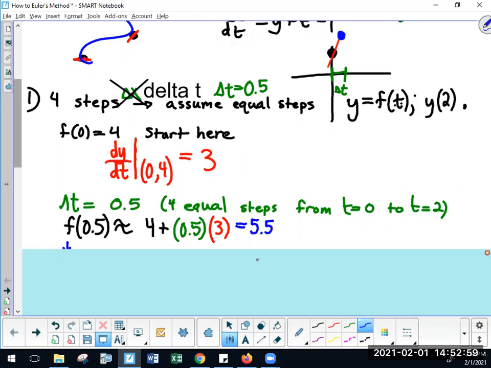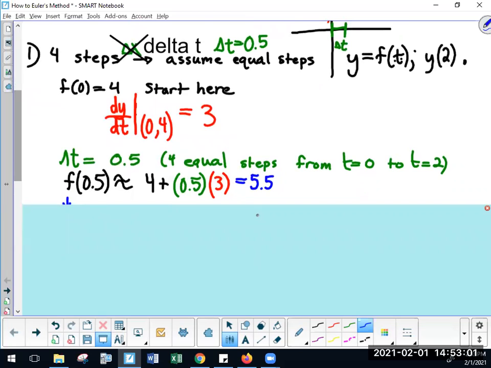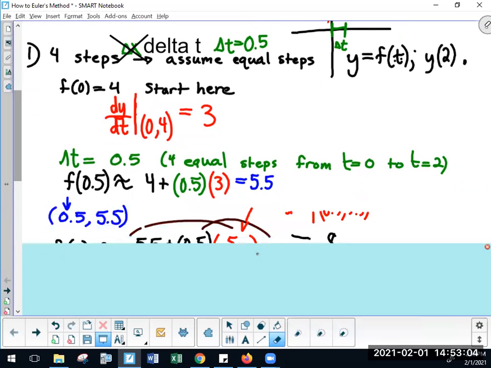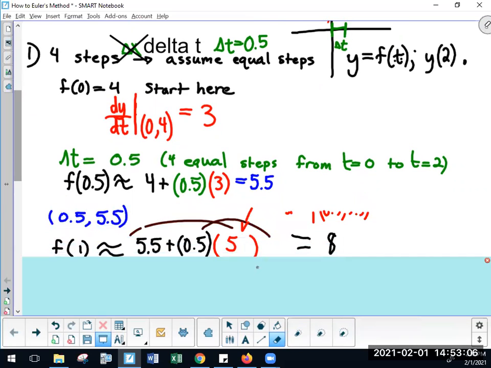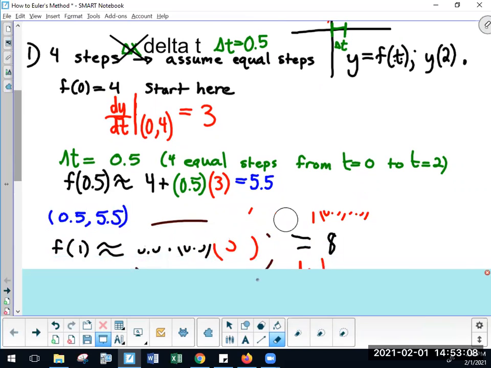So what is the exact same thing? Well, we're not approximating 0.5 anymore. We are approximating 1. That's what we want to approximate, okay?